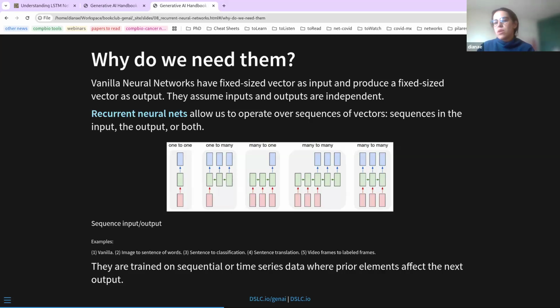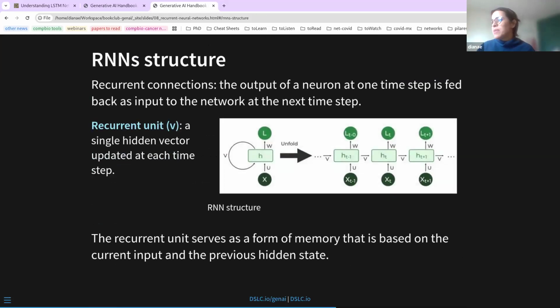In this case, we're gonna see that prior elements are gonna affect the output of our next sequence of steps. And we also mentioned that we have a structure called a recurrent unit. In this case, the output from the previous neuron is going to be connected to the input on the next one.